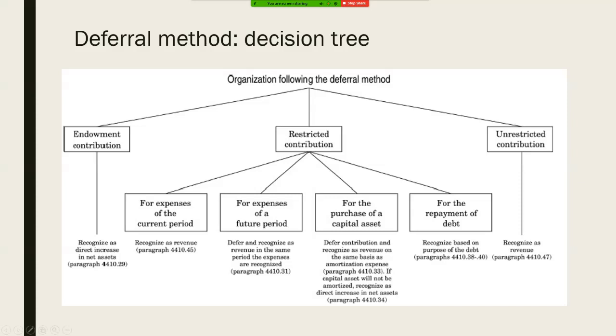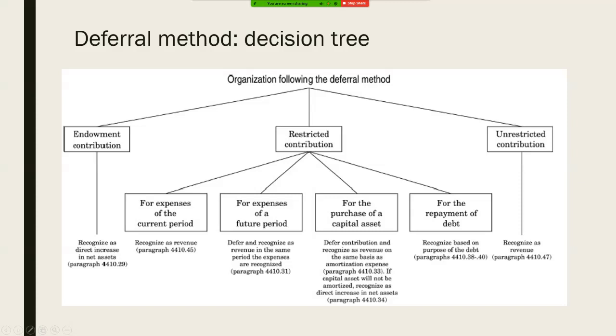The big differences arise with regards to restricted contribution. For restricted contributions, you have to be careful: what does that restricted contribution relate to? If the restricted contribution relates to expenses of the current period, then as a matter of expediency, we recognize the amount immediately as revenue. And this is just to help with the accounting, right?